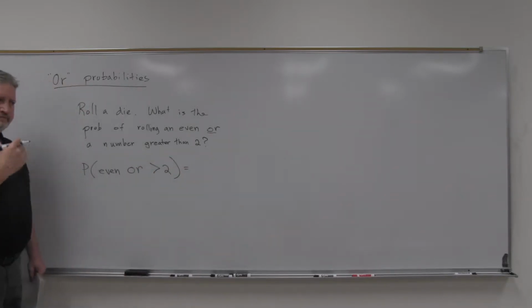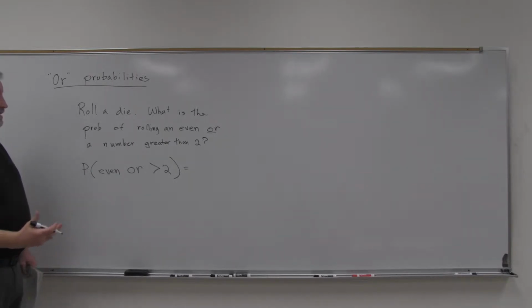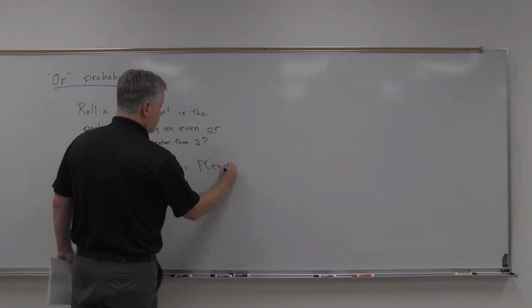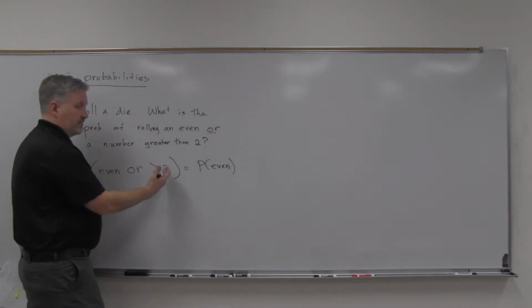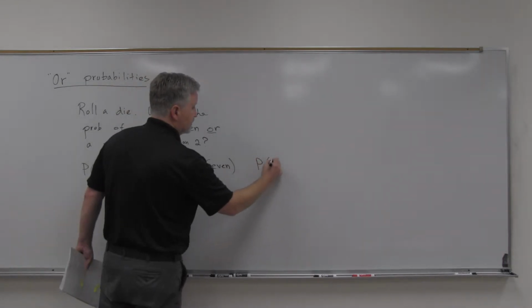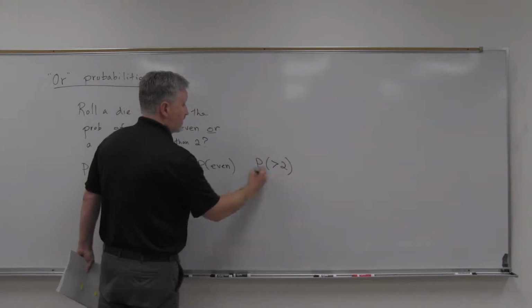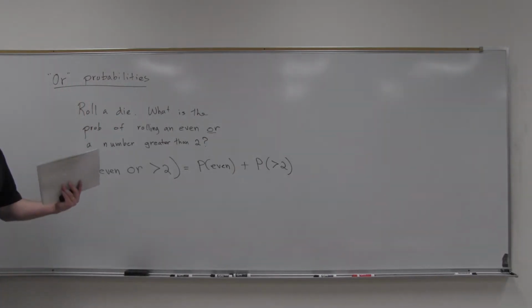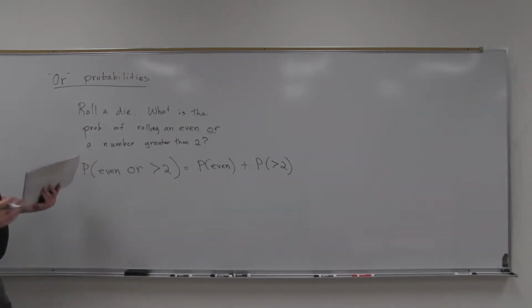All right, so I mentioned that, yeah, addition. If you want to look at these two individually, you've got the probability of even and the probability of greater than 2. We're going to combine those by adding them, because the word is "or." Well, there's a slight problem with that.